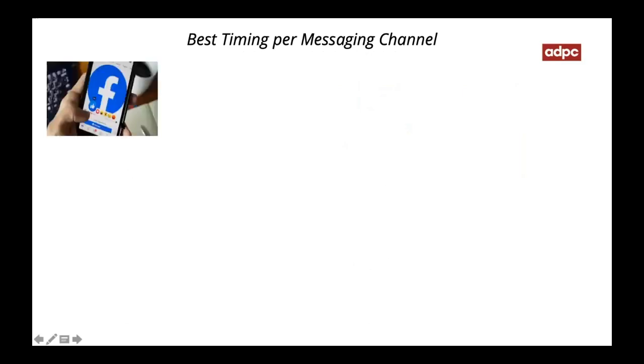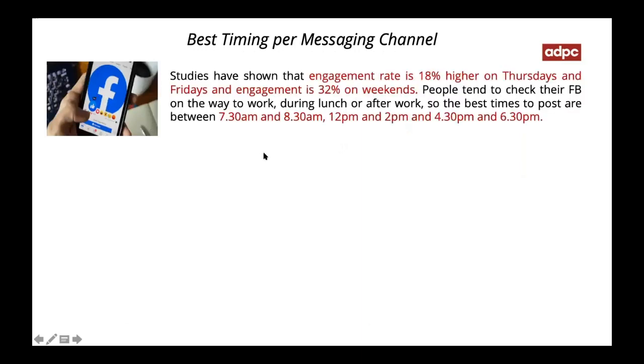So, best timing per messaging channel. As I've said, because of COVID, the face-to-face interaction is limited, so I picked three of the most common channels for messaging. What is this one? Everybody's favorite, I think: Facebook.